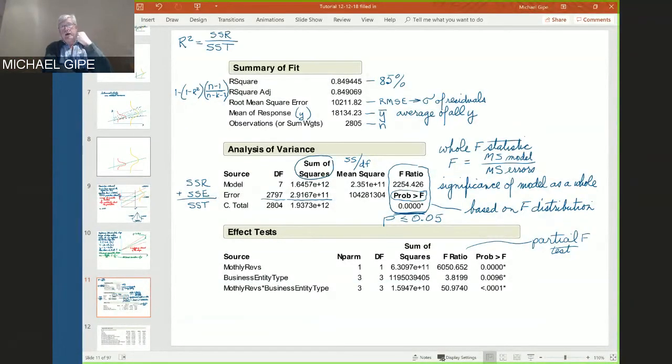And by pulling out each of the ones in turn, we'll come up with what we call a partial F test that tells us about the significance of the contribution of each individual coefficient, each individual X variable. And again, same thing here. We're going to use the p-value to determine significance.